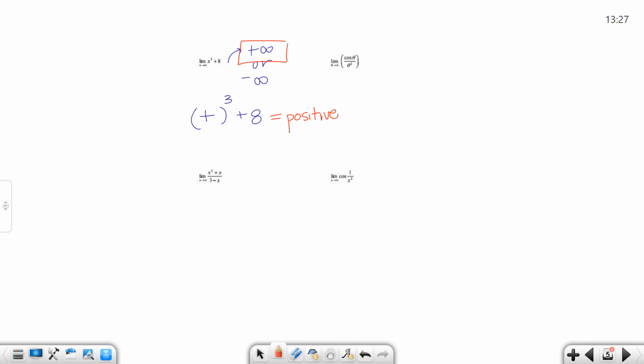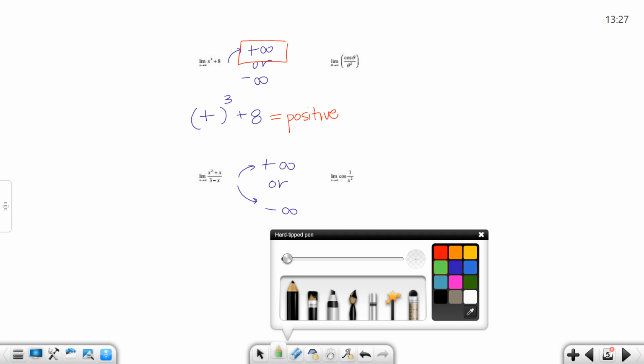Okay, let's jump to this bottom one. My highest power on the top is 2, and my highest power on the bottom is 1. So again, I'm telling you that your highest power is in the top. If your highest power is in the top, it's either going to be positive infinity or negative infinity. Alright, so let's look at our leading terms.